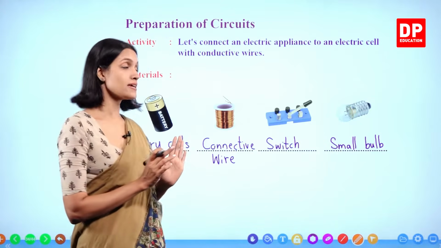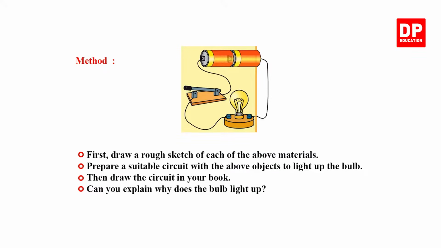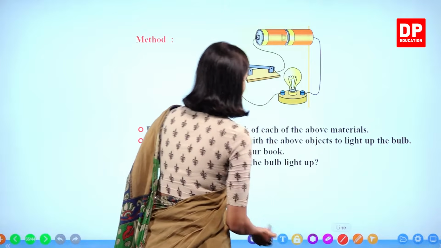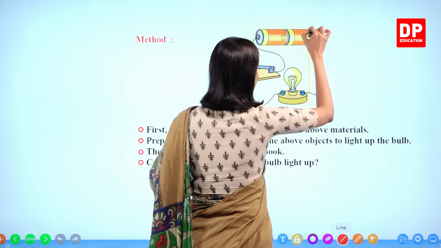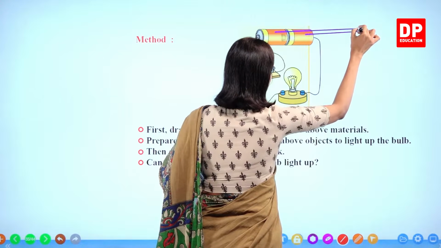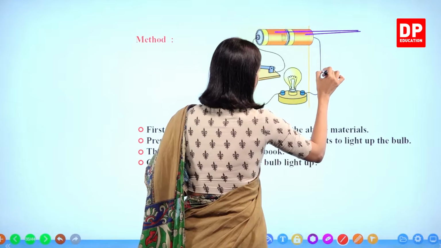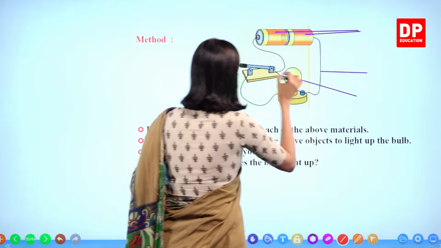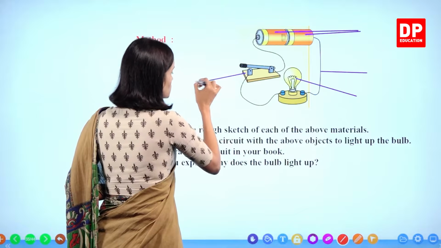So how to do this activity? Let's see. Okay, look at this diagram. You have to prepare the circuit like this. Let's label this one first, children. Whenever there's a diagram, remember we have to label them. These are dry cells, connective wire, bulb and switch.